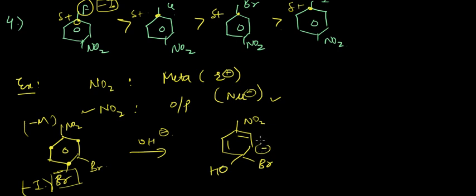This would be stabilized by the conjugated structure, as this pi bond can shift and form a double bond between the nitrogen atom and this carbon atom.